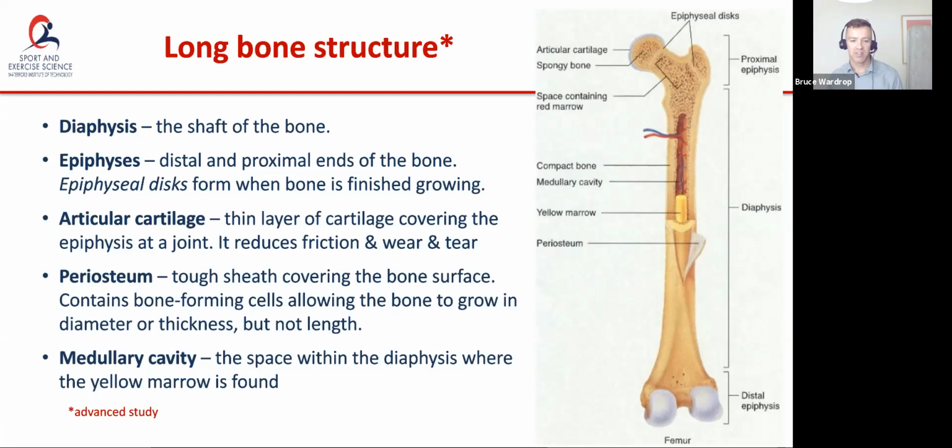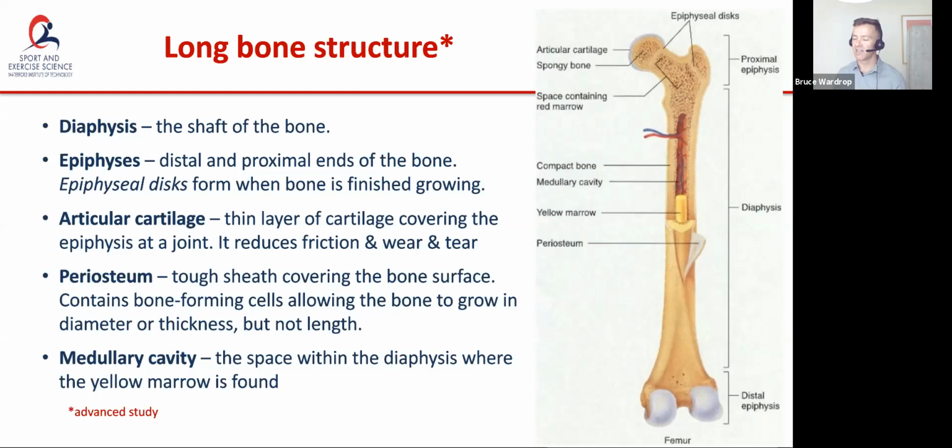On the very outside of the bone surface, we've got a tough sheath called the periosteum. And this is where your bone does some of its growing. So it's got bone forming cells there, osteocytes, and it allows the bone to grow in diameter or thickness, but not length. So when you do strength training, when you do weight bearing activity, it's not just your muscles that will get stronger, your bones will also get stronger too.